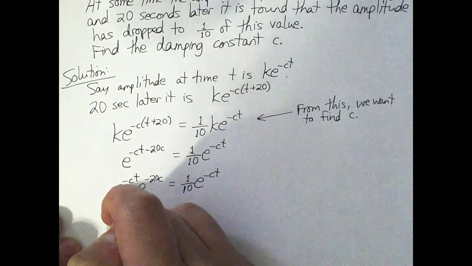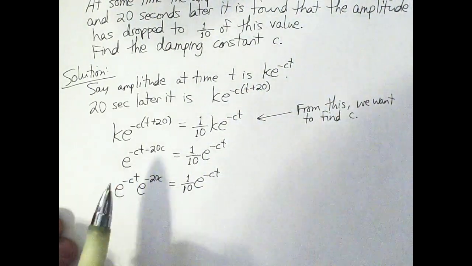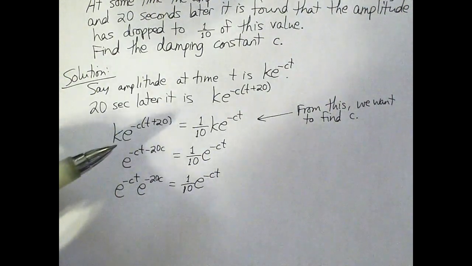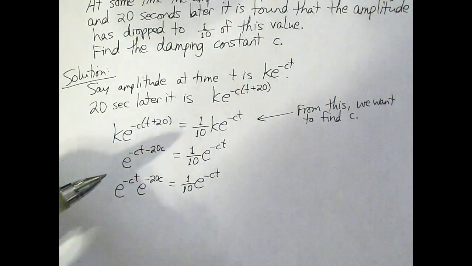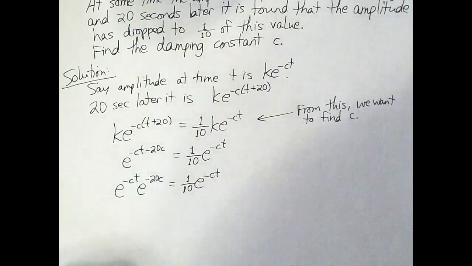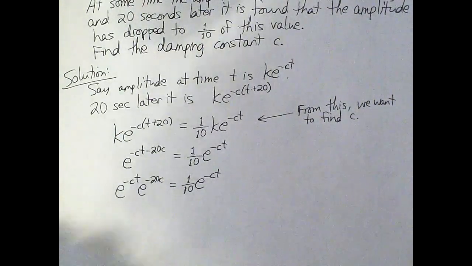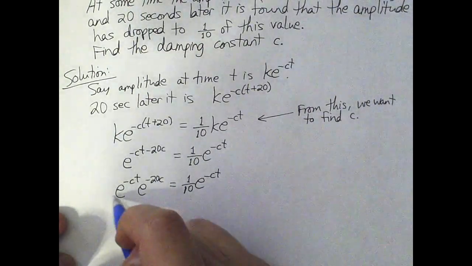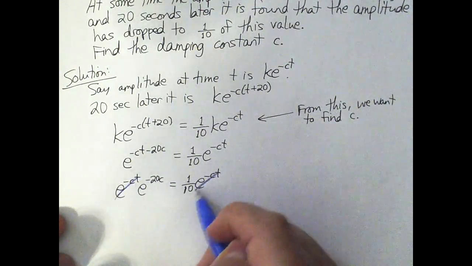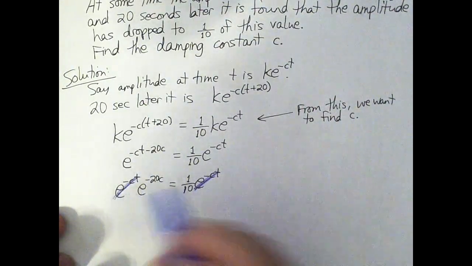I used a little property of exponents that says if you have an expression up in an exponent that has something minus something or something plus something, either way, you can split it up. E to the this, e to this. Of course, the great thing about doing that is we can cancel this piece and this piece. It's the same thing on both sides.